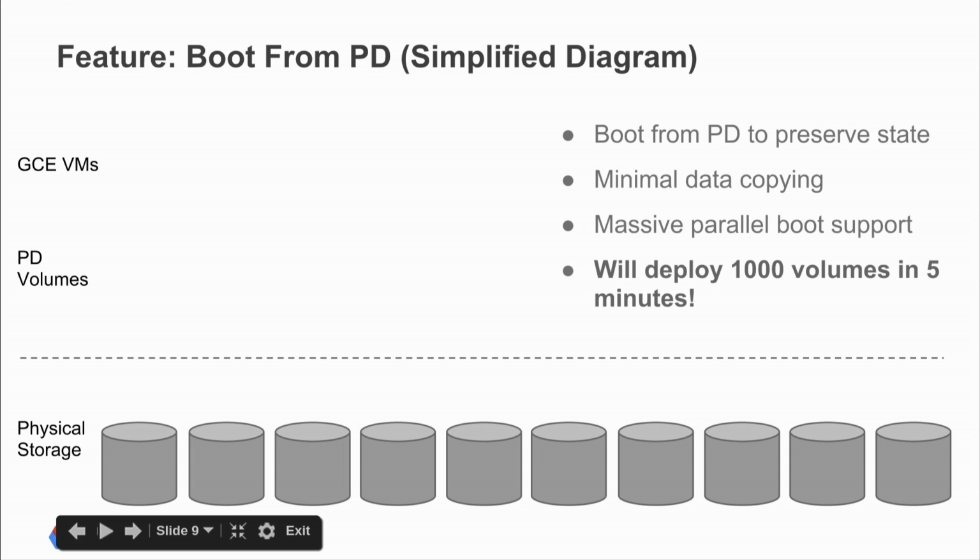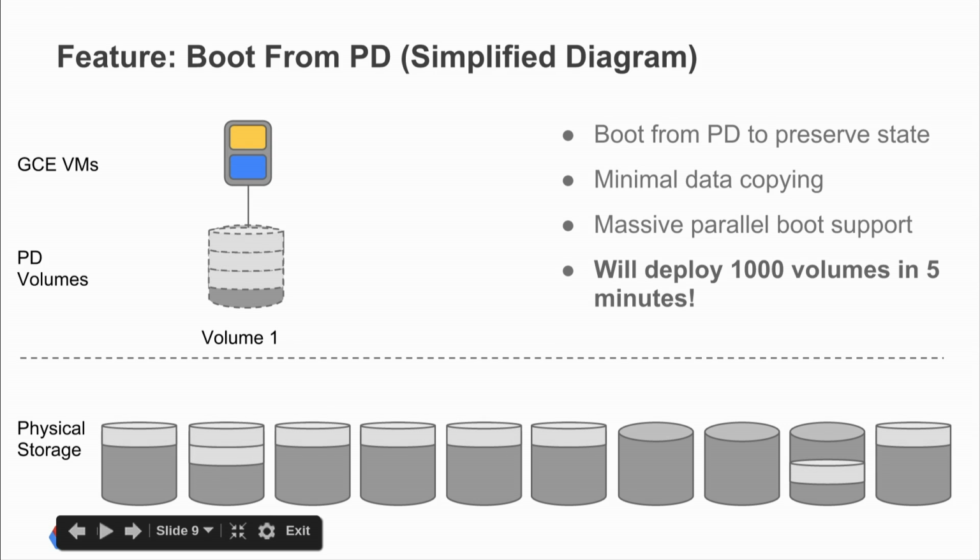Now moving away from data volumes back to a boot volume use case, again, we can boot from PD. The PD is striped and spread out across lots of volumes. But what happens when we create another copy of the VM that has high commonality with the previous one? Well, very soon, it's not released this moment, but very soon, we'll be able to create a new copy by virtually referencing the previously copied blocks so that you get an extremely fast deploy time.